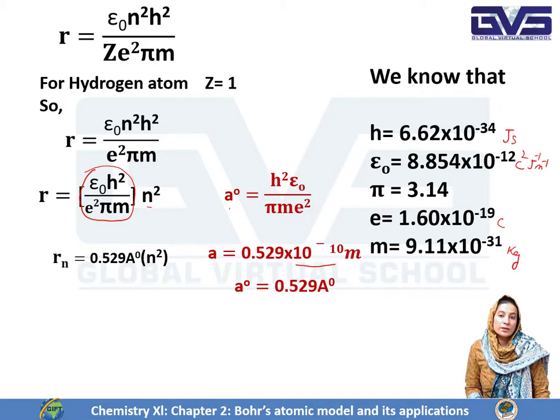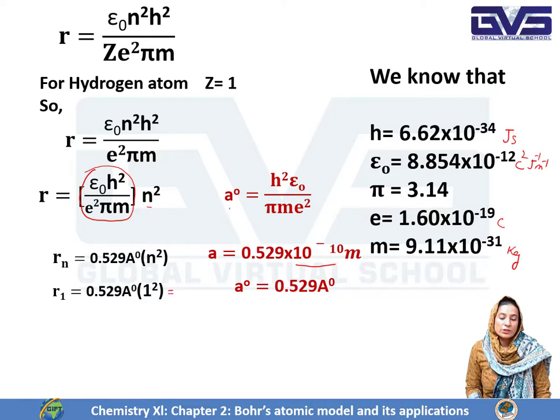Now this is very easy to calculate, the radius of the first orbit, second orbit. If you want to calculate the radius of the first orbit, you have to take the square of 1, and its answer is obviously 1, and this will multiply and give the answer 0.529 angstrom.